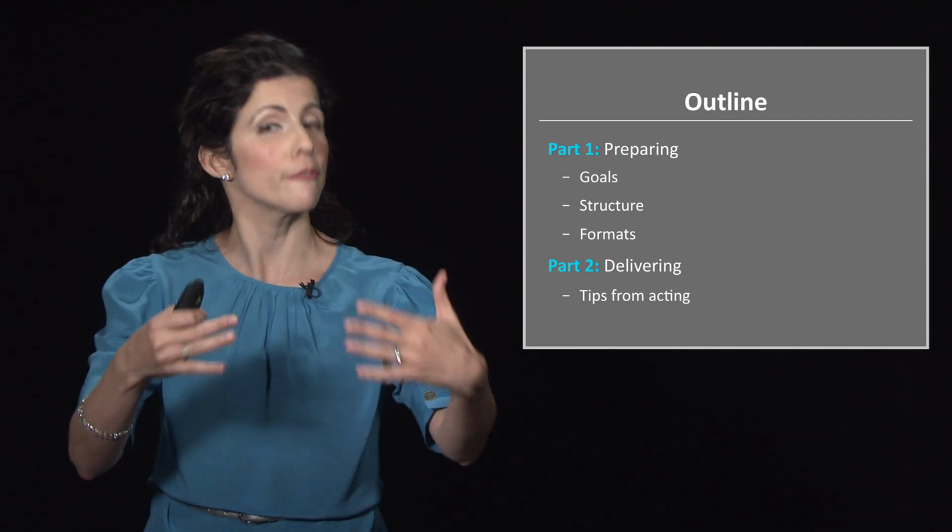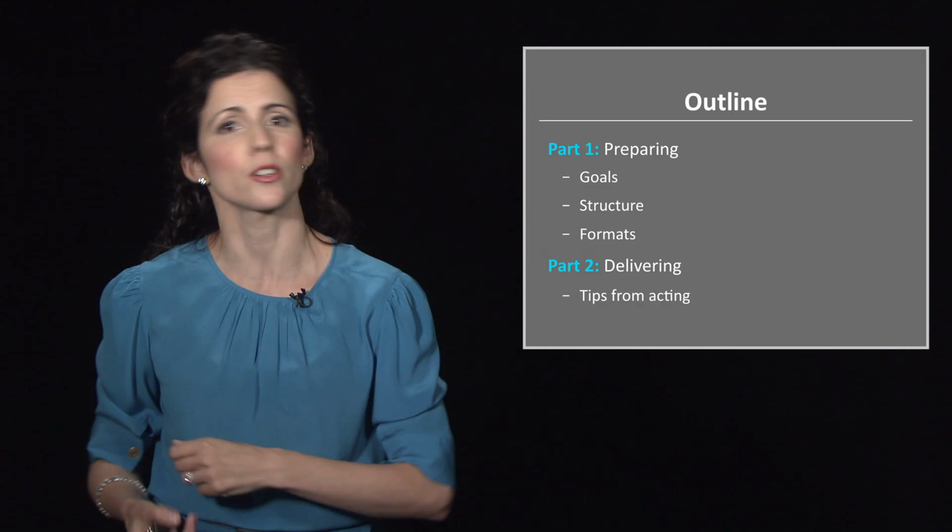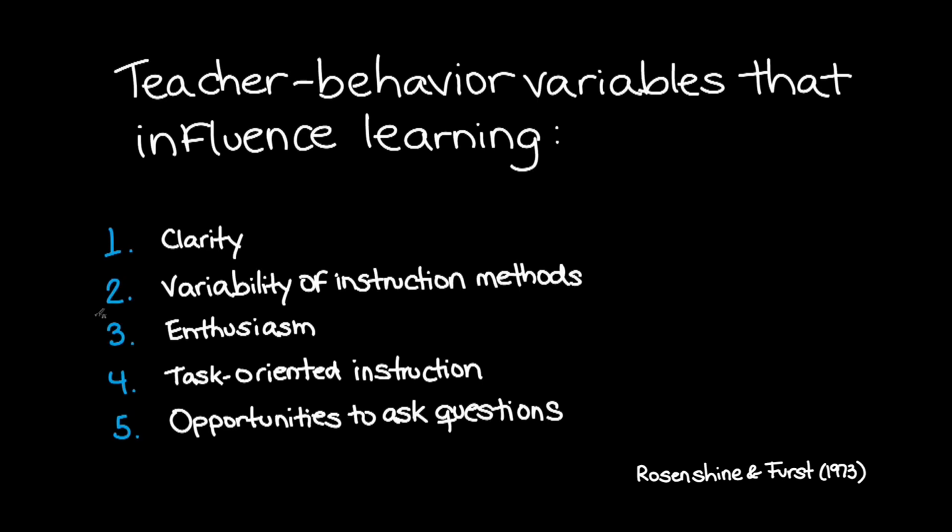When we present in front of a classroom, we're in many ways performing in front of our students. As we have already mentioned, the third most important teacher behavior variable identified by Rosenshine and Furst was enthusiasm. How many of us have attended a lecture on an interesting subject where the speaker's monotone voice has made the subject completely uninteresting?